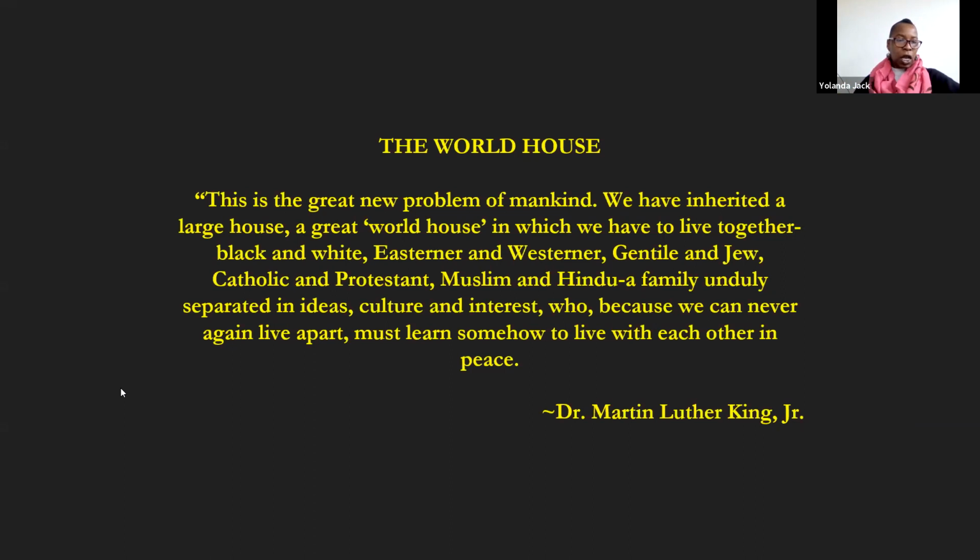"We have inherited a large house, a great world house in which we have to live together, Black and white, Easterner and Westerner, Gentile and Jew, Catholic and Protestant, Muslim and Hindu, a family unduly separated in ideas, culture, and interests, who, because we can never again live apart, must somehow learn how to live with each other in peace."